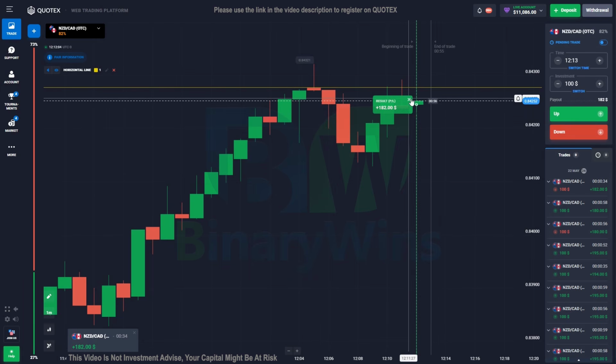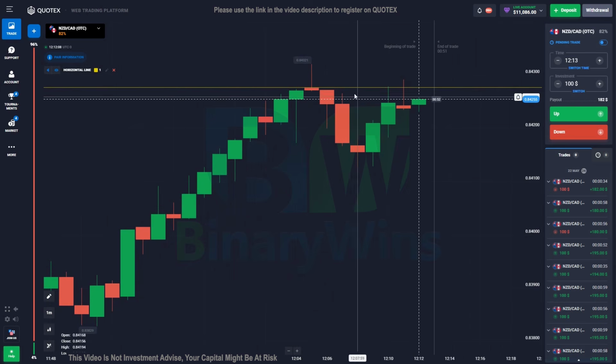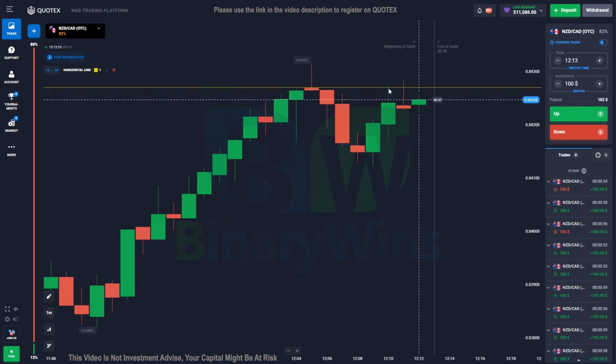Very good. Why did I enter a lower trade? We had a key level on the left. My candlestick received a rejection from the key level. That is, it closed exactly at my level. See, the candlestick's shadow closed on the level.